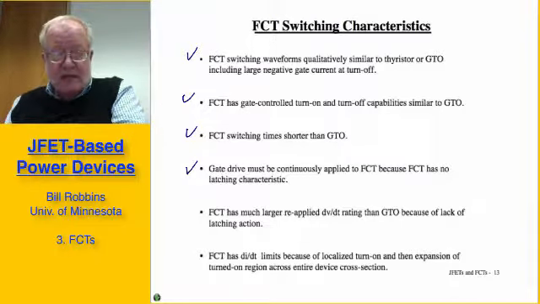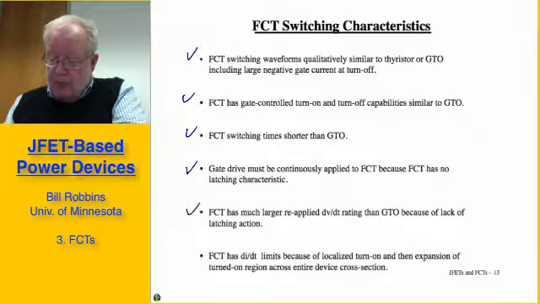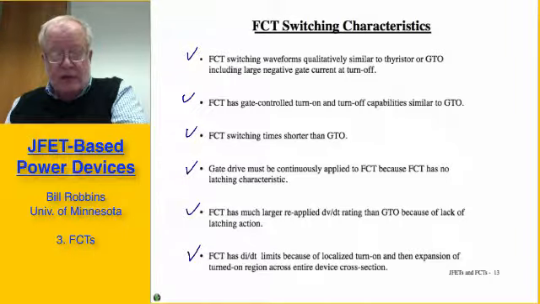So if the FCT is reverse biased and you want to turn it into the forward blocking state, you can have that rate of reapplied voltage significantly larger than that for a GTO of comparable performance. The FCT will have dI/dt limits, as does the GTO, because of localized turn on and then expansion of the conducting region across the entire device cross section.